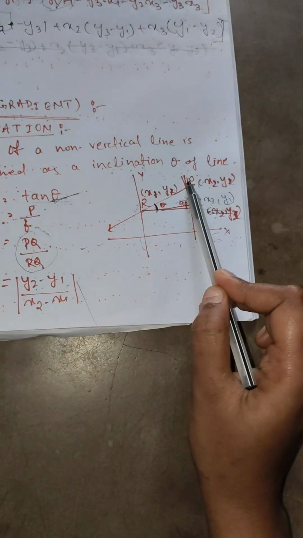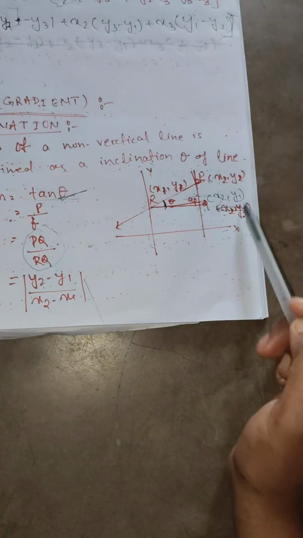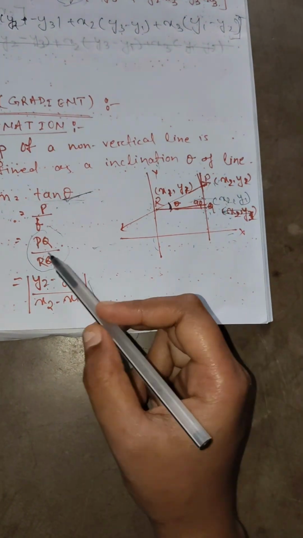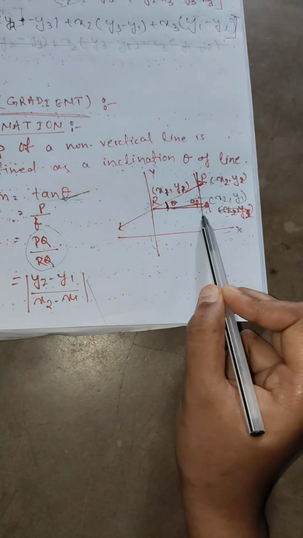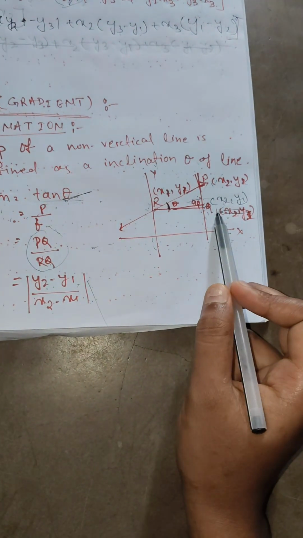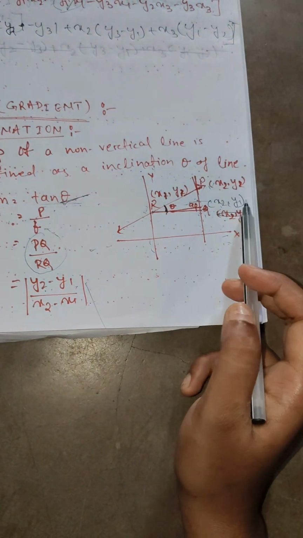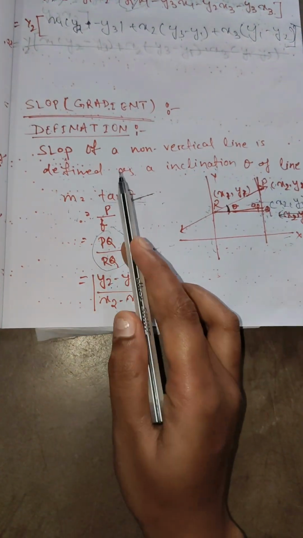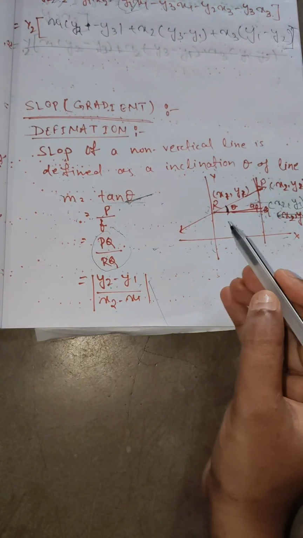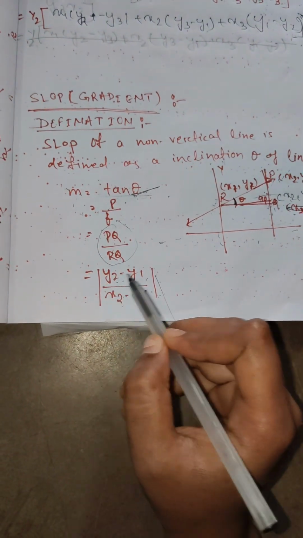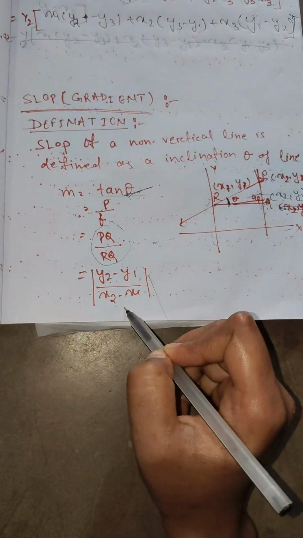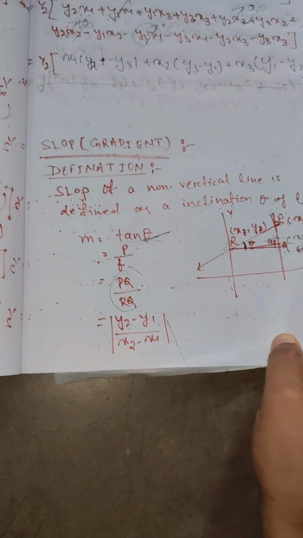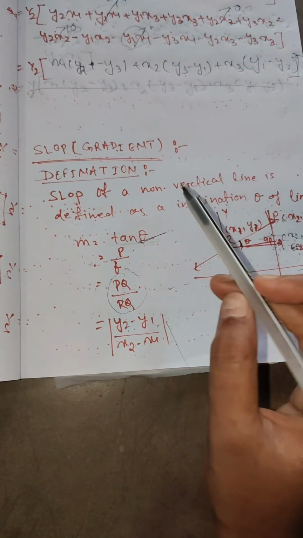So the length of PQ is y2 minus y1, as x2 will be cancelled out here. Next, RQ can be represented as x2 minus x1, where y1 will cancel out here. So we have this formula for slope in Cartesian or coordinate form as y2 minus y1 divided by x2 minus x1.